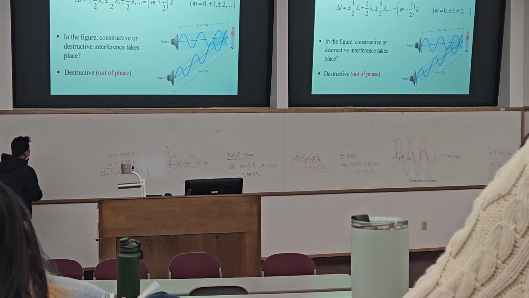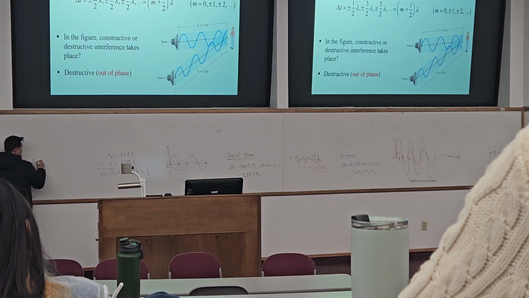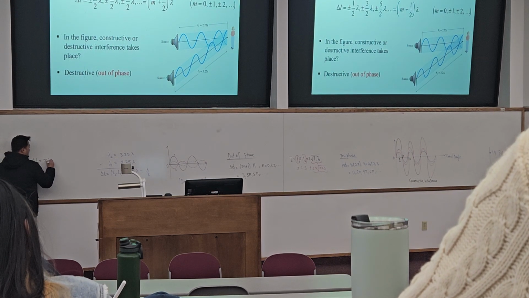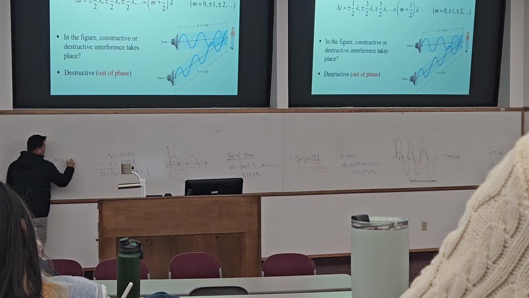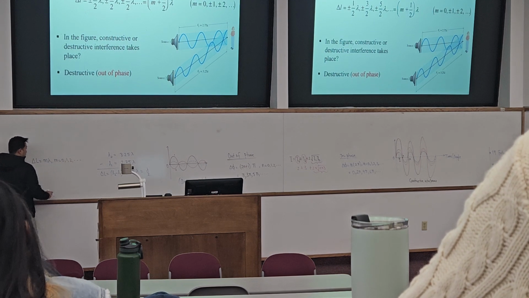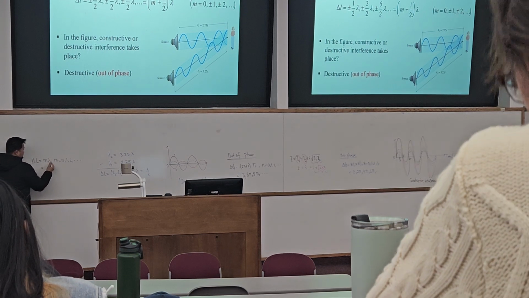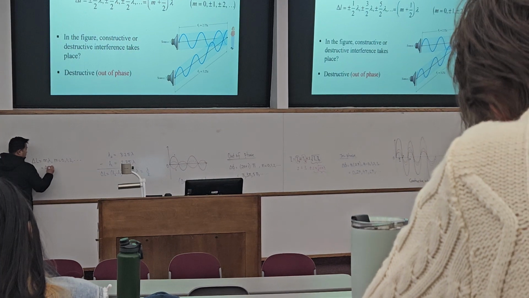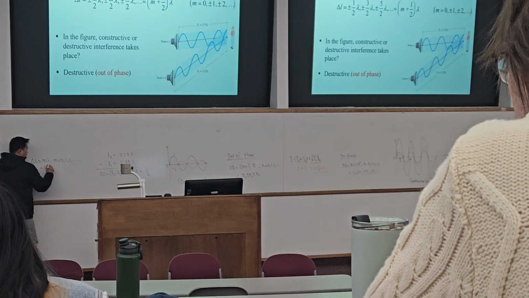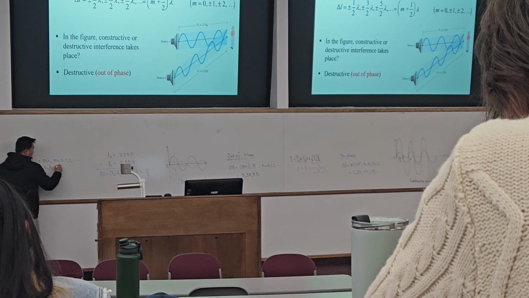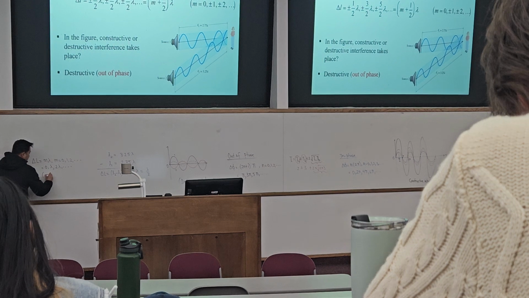If you have a path difference delta L that is an integer multiple of lambda, n equal to 0, 1, 2, you can have plus or minus, it's up to you, meaning 0, lambda, or 2 lambda, then you have a constructive interference.